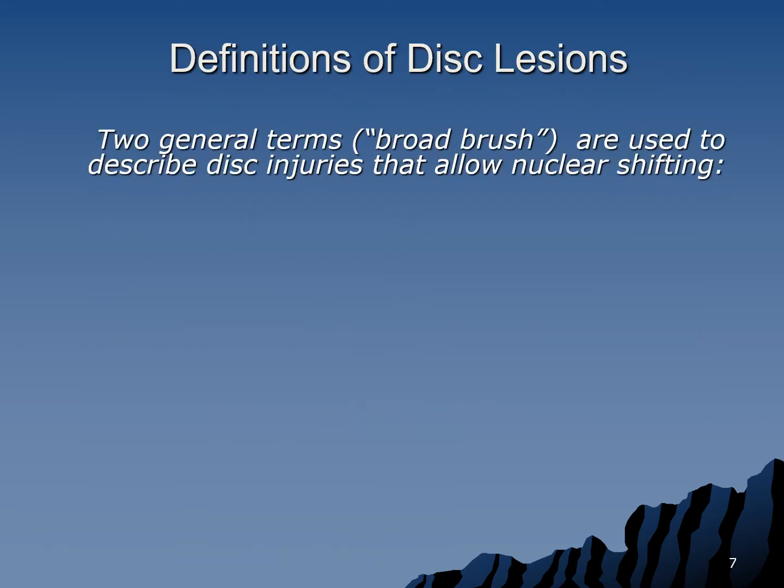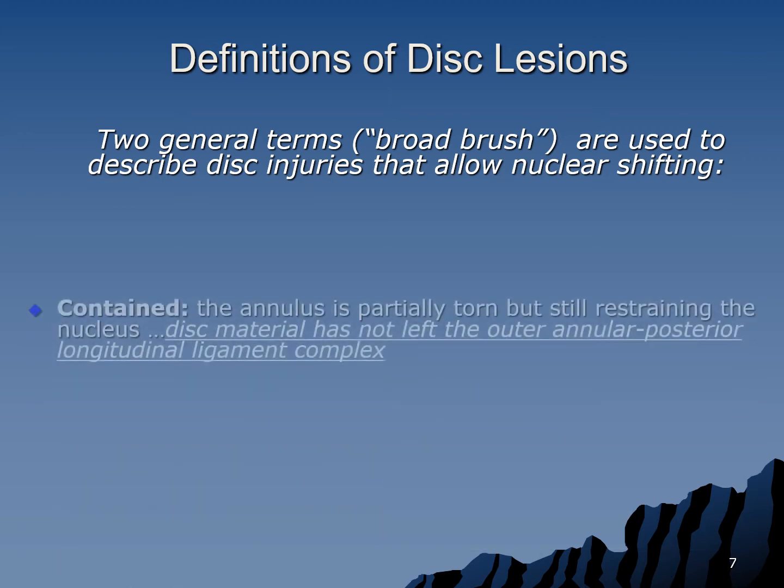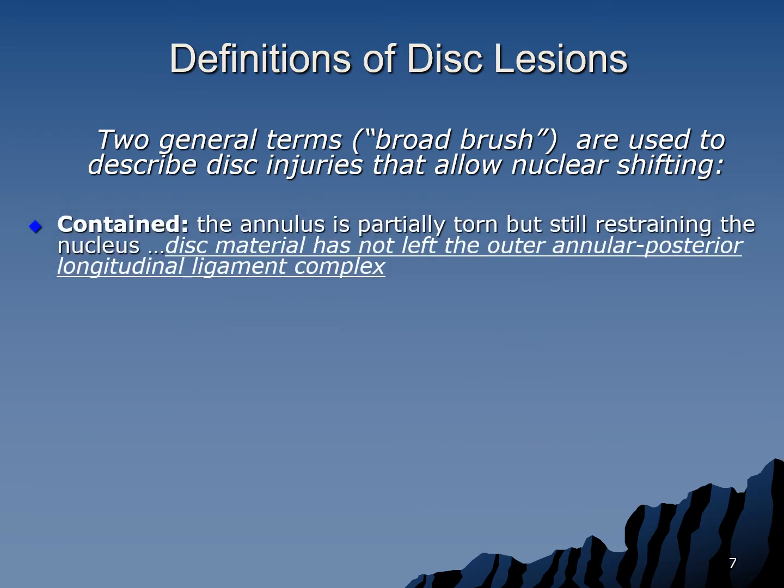Let's define the disc lesions. There's two general terms that we would paint with a broad brush to just describe the basis of the injury. And one is contained. A contained disc lesion is when the annulus is torn, but still restraining the nucleus. So nuclear material has not left the outer annular posterior longitudinal ligament complex.